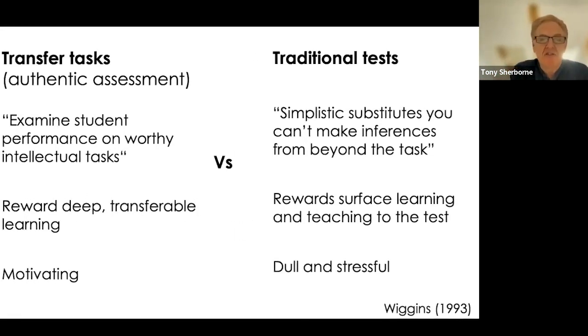So here's the difference. A traditional task on the right is basically a simplistic substitute or proxy, as it's called, of the real task turned into a sort of exam question. And it tends to reward surface learning if it's not a difficult task.